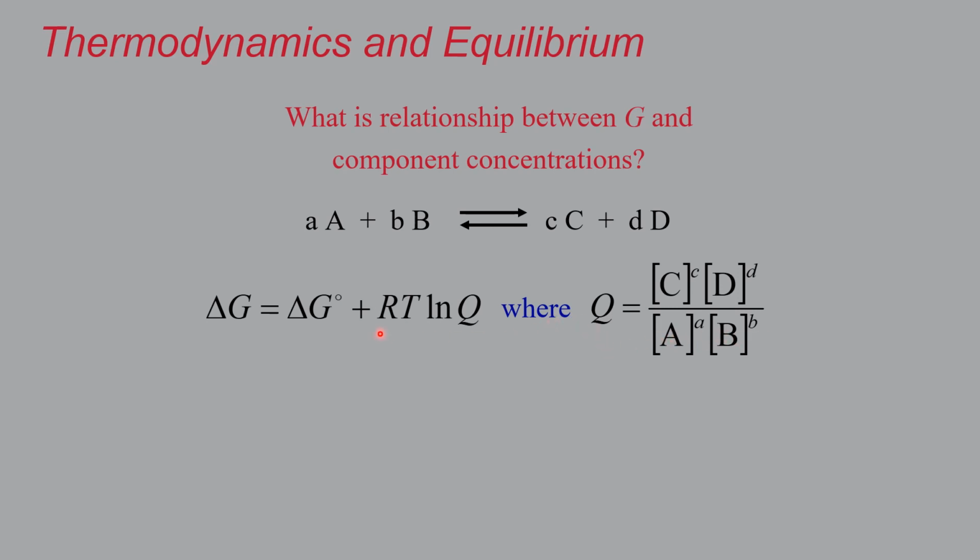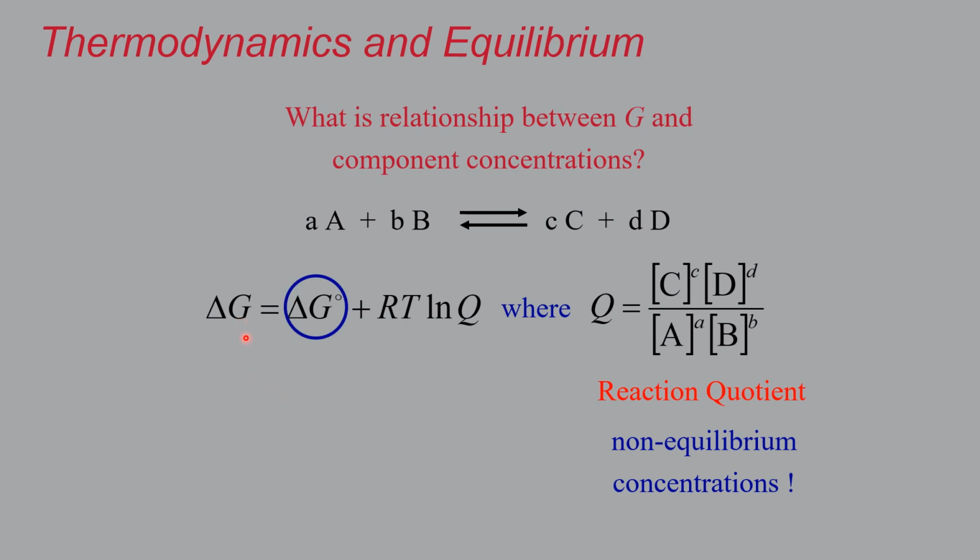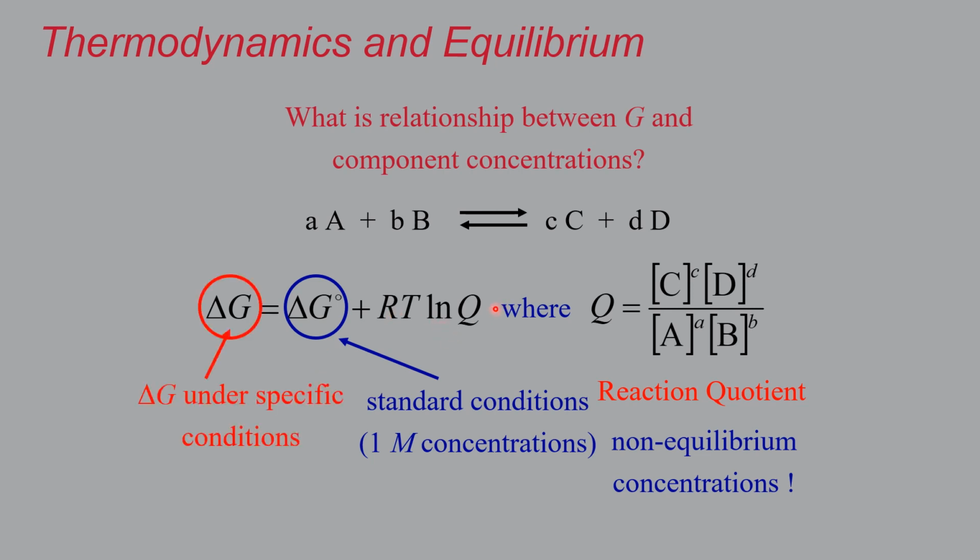And this is a common thing in thermodynamics, that you talk about a free energy in terms of the free energy change expected under certain conditions with an adjustment, in this case, the reaction quotient. And so then this is the free energy change under those specific conditions.